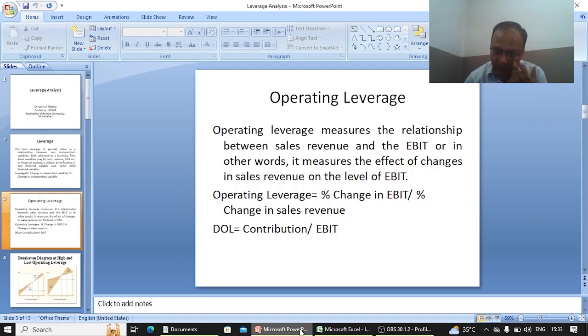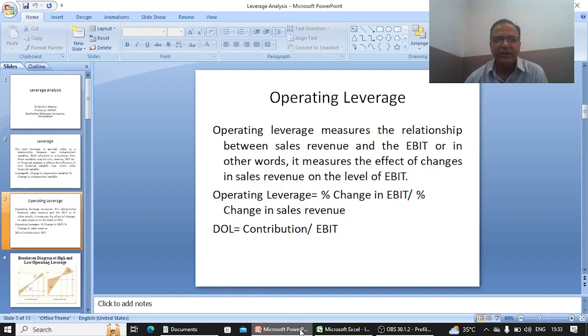This debt is collected by the organization to run the business, and it will be cleared within a year. So you can say if debts are taken by the organization for the short term, it's an operating leverage.